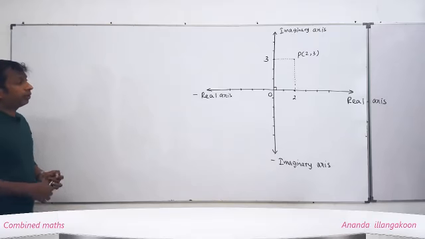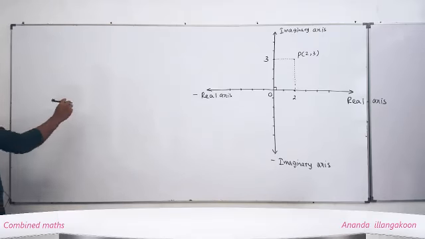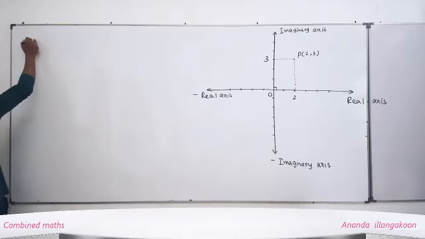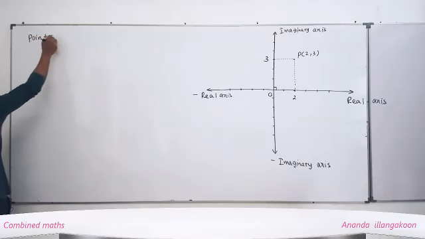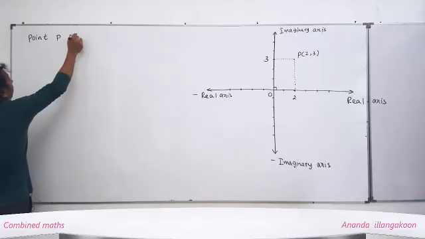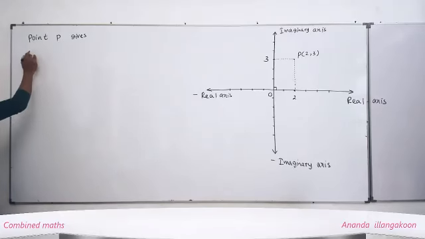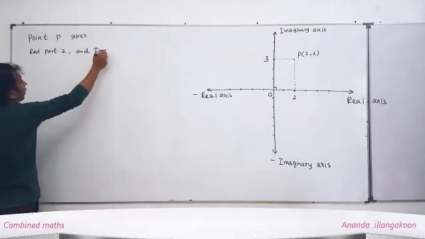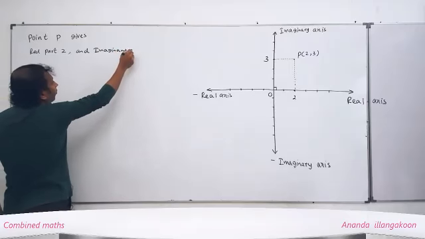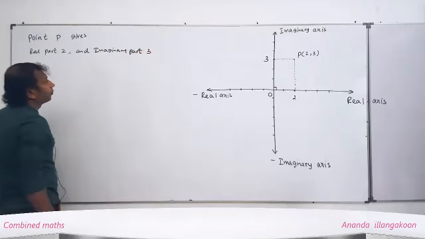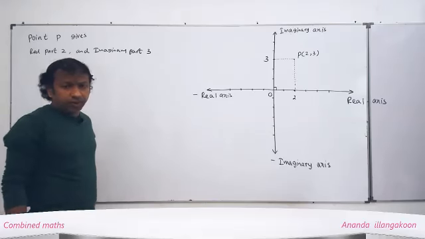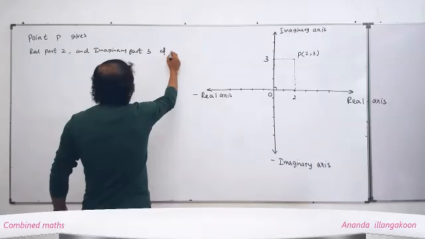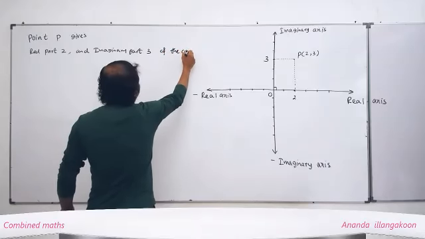Now you can write. Point P gives real part 2 and imaginary part 3 of the complex number.